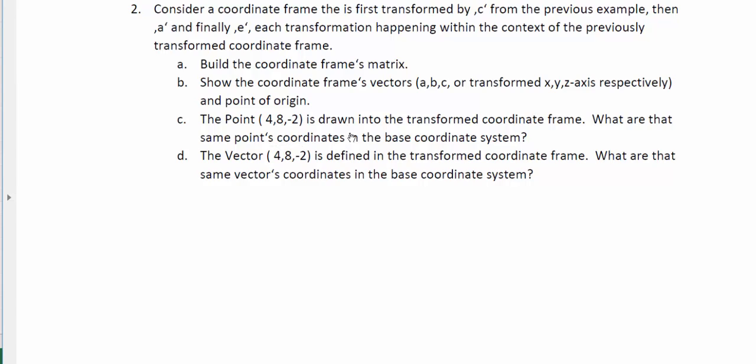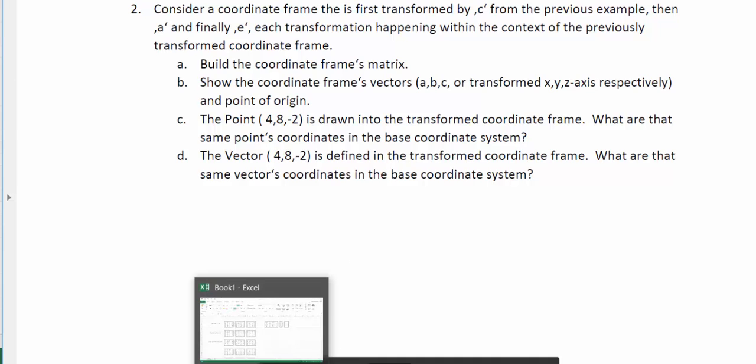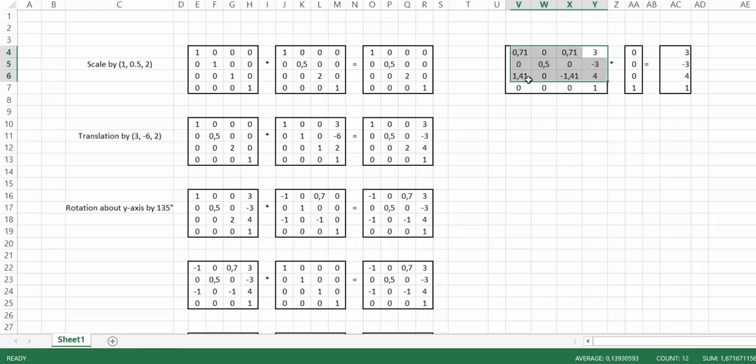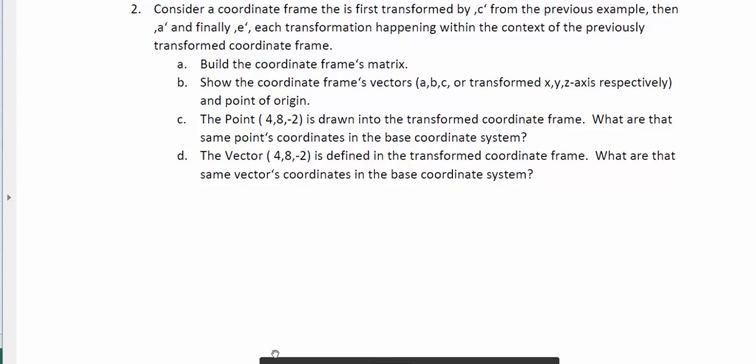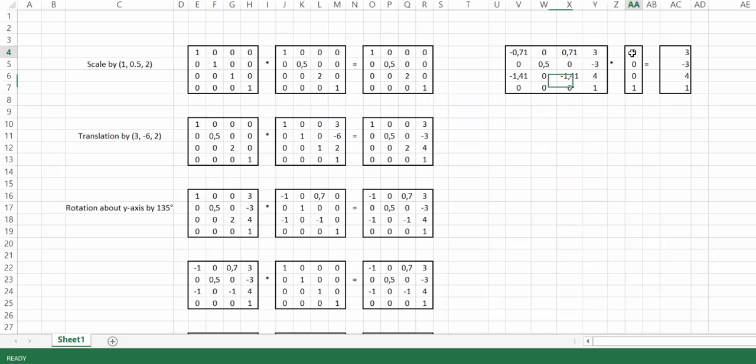What are that same point's coordinates in the base coordinate system? Since we've already set up the matrix, all we need to do is say there's a point 4, 8, minus 2, and we simply do a matrix multiplication on that point.